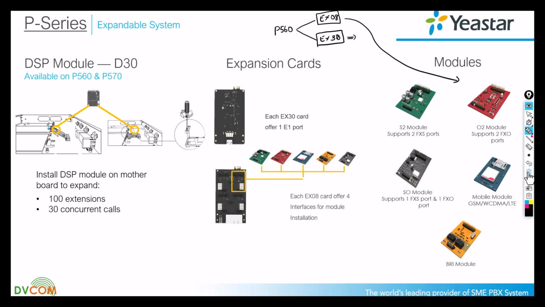And in case you are going with P570, it's going to support 2 expansion slots, guys. The beauty of this is you can connect 2 EX8, which means if you want to terminate 16 analog lines, you can directly terminate them.